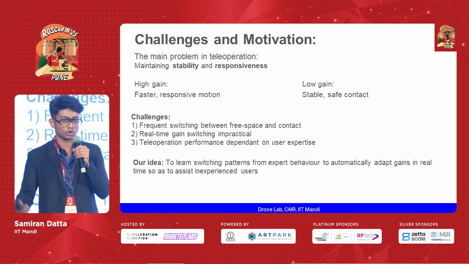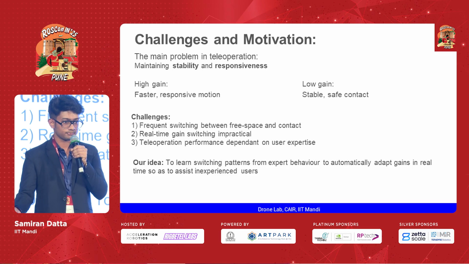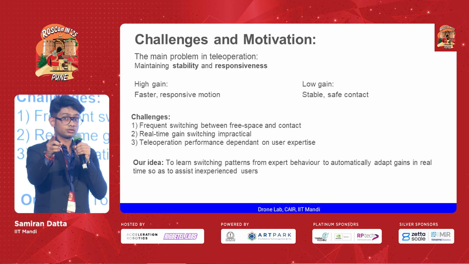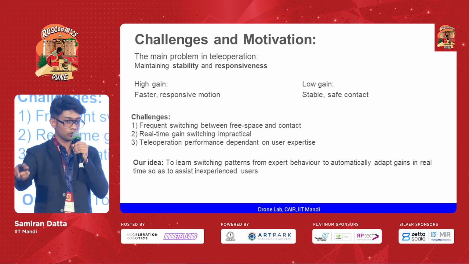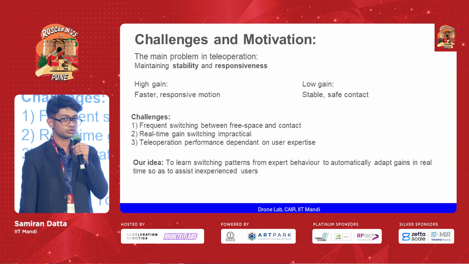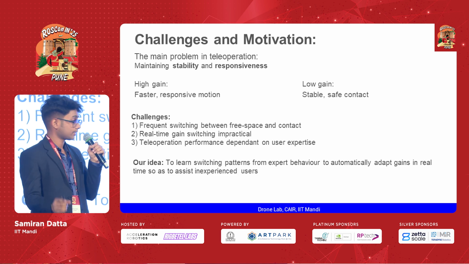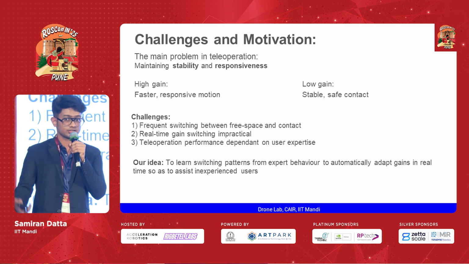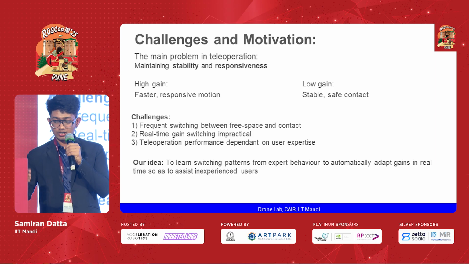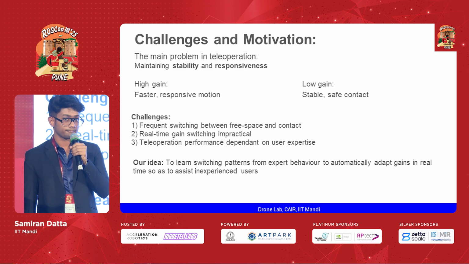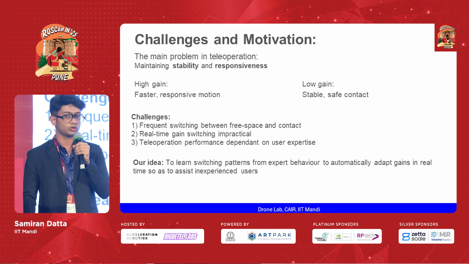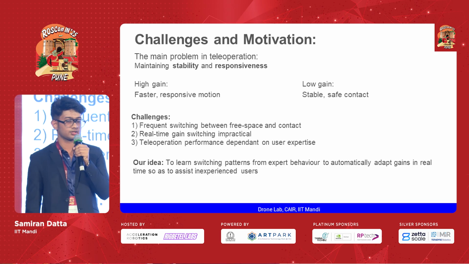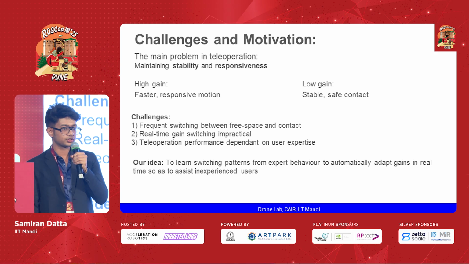If the operator is moving the master robot, the teleoperated robot will try to mimic the action at a faster pace. So it is responsive, but it has a disadvantage: when we are touching an object, there will be oscillations due to high gains, and that oscillation will tend to disturb the stability of the system.